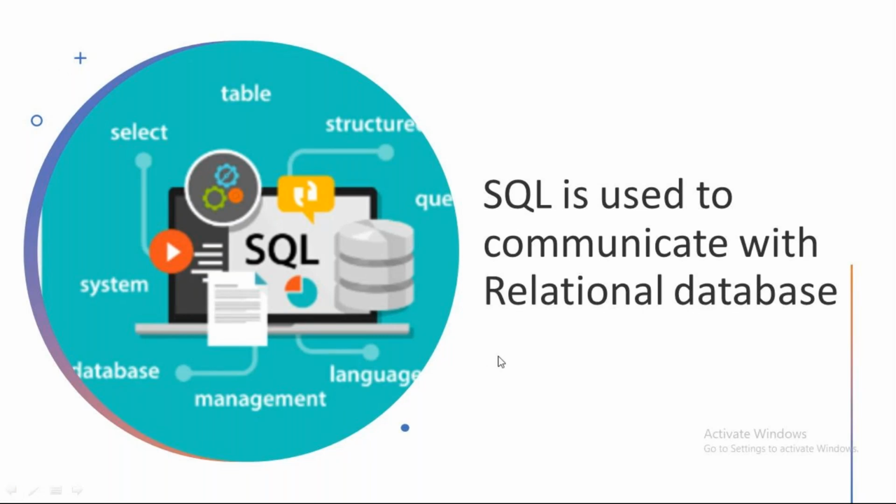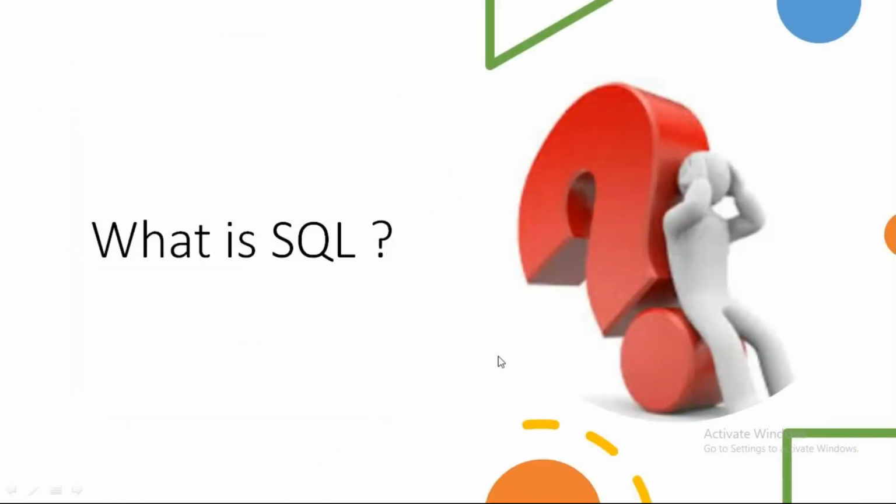SQL will be storing the data in the form of tables, right? If NoSQL, what kind of data could be used? A small correction here: in relational database management systems, or relational databases, we are going to store the data in the form of tables.